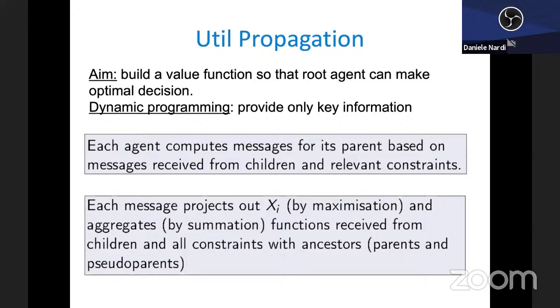And the idea is that only the necessary information should be transmitted all the way up to the top. So the utility propagation takes place as follows.